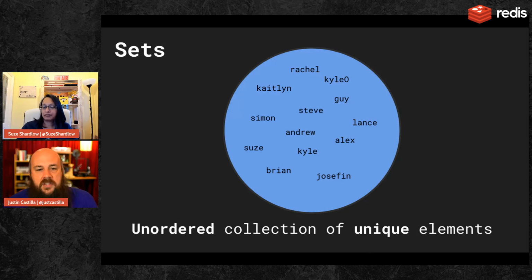So we have Rachel, Kyle O, Caitlin, Guy, Steve, Simon, Lance, Andrew, Kyle, Alex, Suze, Brian, Josephine, and myself. Now, that's a lot of people that actually work really hard in the background. And we'll see all of them as we go by. But so this is an unordered collection. So if we tried to enter another Guy or another Lance or another Kyle or Suze, it'd be like, no, that's not possible.